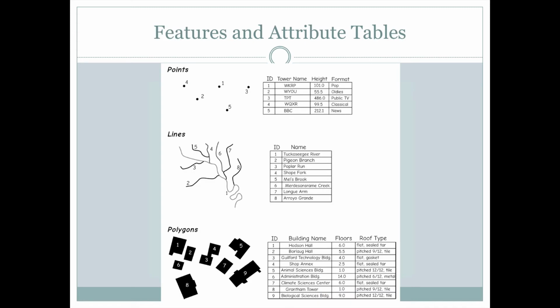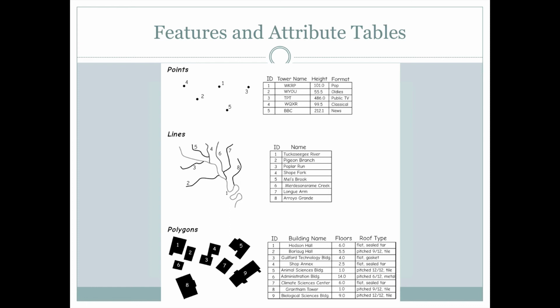Another thing to remember about GIS data is that it's not just the drawings that we see on the map that are important. Each one of those features, like the points 1 through 5 in the top example there, is associated with an attribute table. And an attribute table is sort of like an Excel spreadsheet, except that each feature on the map, 1, 2, 3, 4, and 5, would represent a different row in the attribute table.